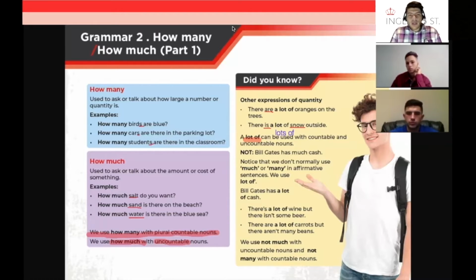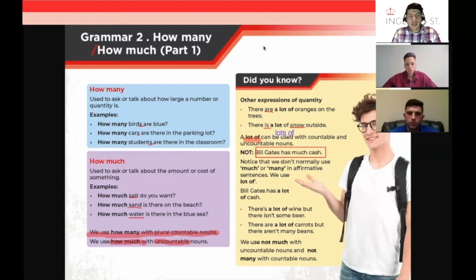Y bueno, aquí hay un ejemplo de algo que no se debe hacer, que dice, Bill Gates has much cash. ¿Cuál sería una forma más correcta de decir esto? Bill Gates has a lot of cash. Exacto, sí. Has, lo dejamos en has. Bill Gates has a lot of cash.